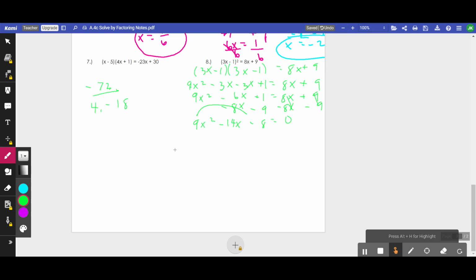So you can sub them in there. Doesn't really matter what goes first. I'll just sub the 4x in. So you'll have plus 4x minus 18x. And then you can group your first two terms and then your last two. So you're grouping 9x squared and then the 4x. So your number GCF for those two terms would just be a 1 because you have 9 and 4 and there's nothing else that goes into them.